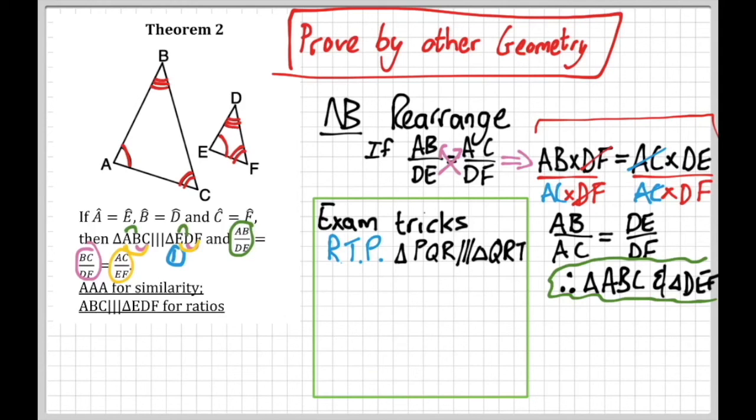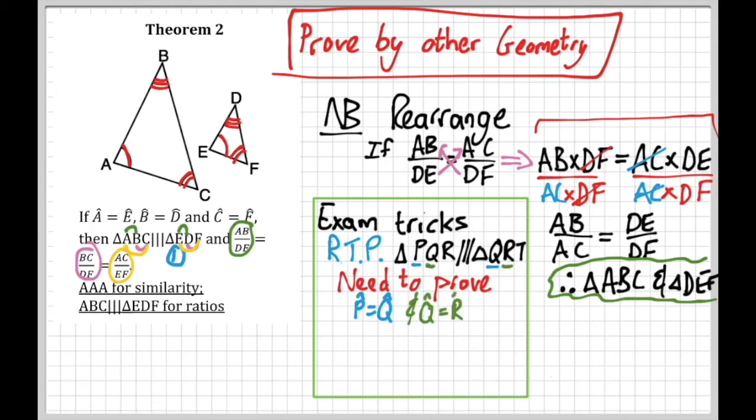So the question would state, prove that triangle PQR is similar to triangle QRT, for instance. What I actually need to prove is the following: that angle P is equal to angle Q, because they're written first in the two triangles.